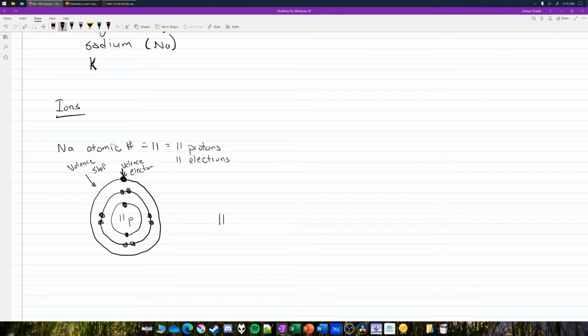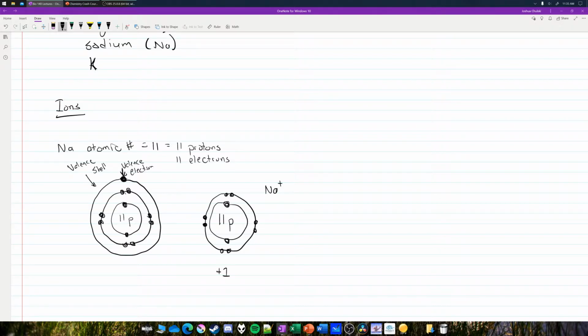If I lose this electron, I've got 11 protons in the center, and then 2 and 8 on the outside. That means I have 11 positive charges on the inside and only 10 negative charges on the outside. So the net charge of this atom now becomes +1.